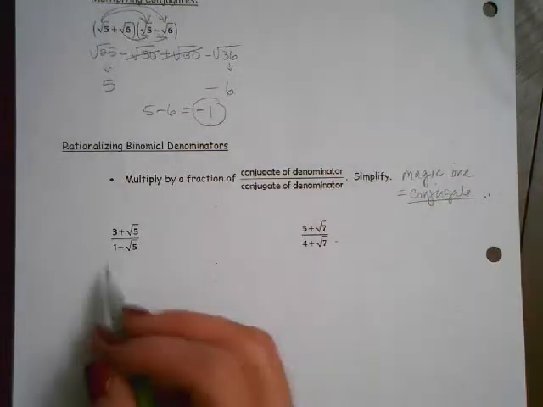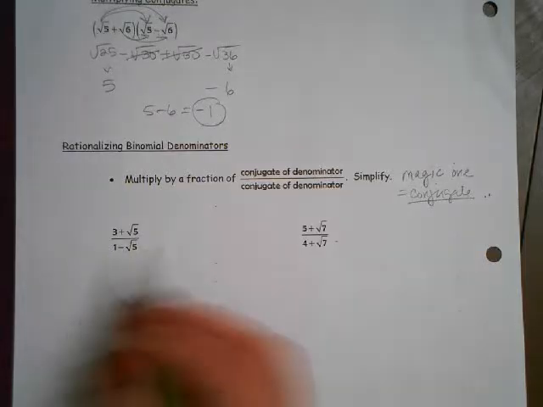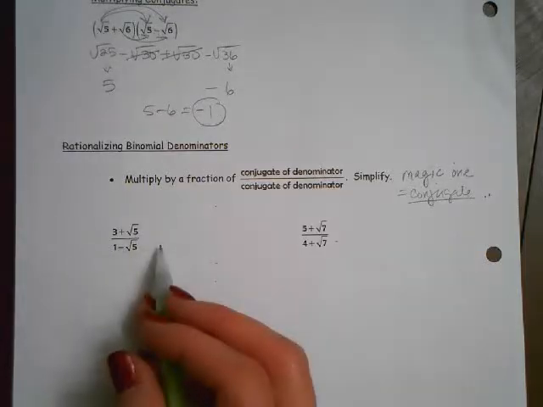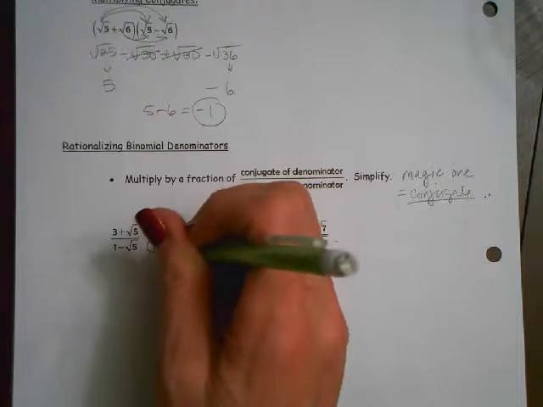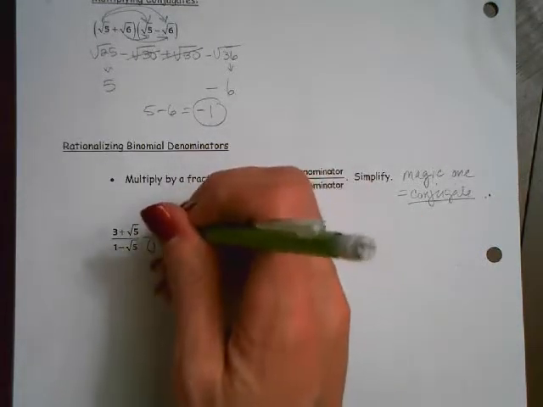Okay? So whatever I have in the denominator, I'm going to multiply by its conjugate, and that will get rid of any radical expression. So my conjugate of 1 minus the square root of 5 is 1 plus the square root of 5. And whatever I do to the bottom, I have to do to the top.